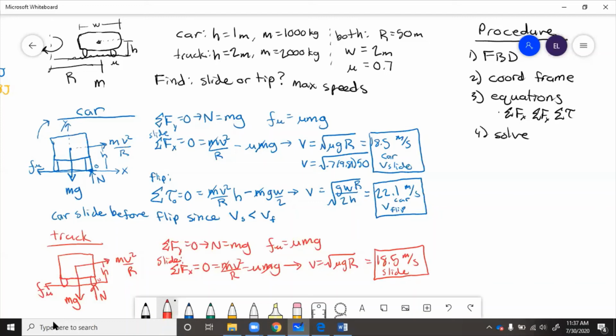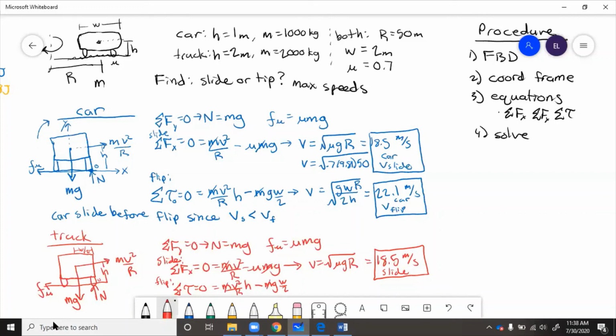But if the size does matter, we have to look at flipping. So sum of the torques equals 0 equals mv squared over r, which is centripetal force times its distance, h, minus the torque from the weight, which is mg, times this distance here, which is w over 2. So the masses cancel.